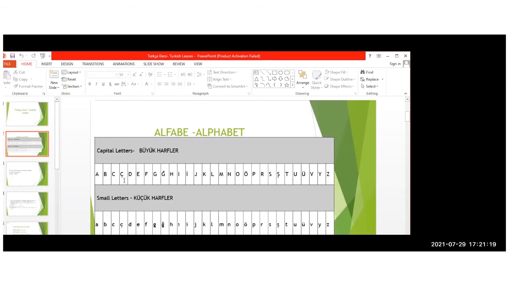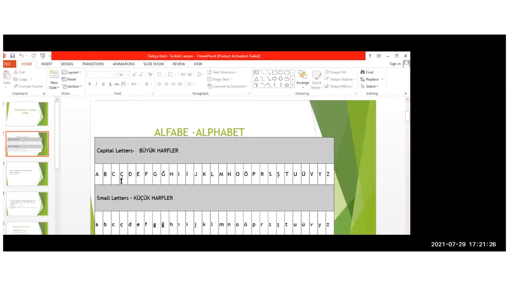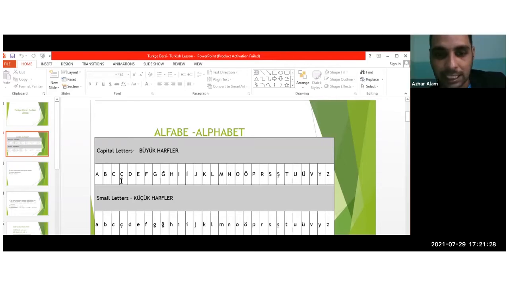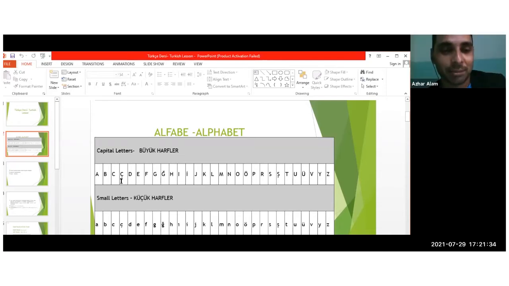This is C, but we have a point here below. Can we see that? This letter is Ch. Ch means CHE. Che or Che, both are correct because in Turkish this letter is used for both sounds, like Chhattisgarh.